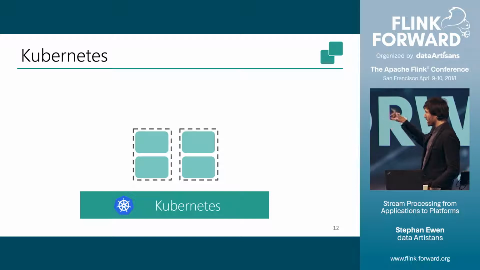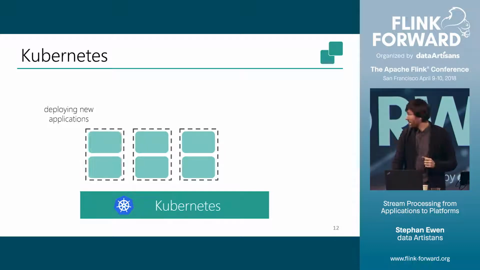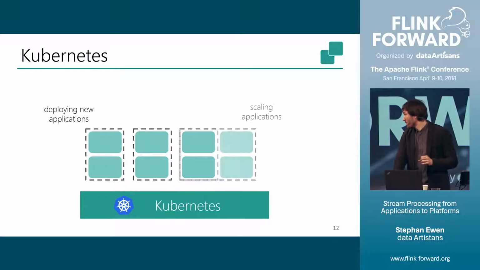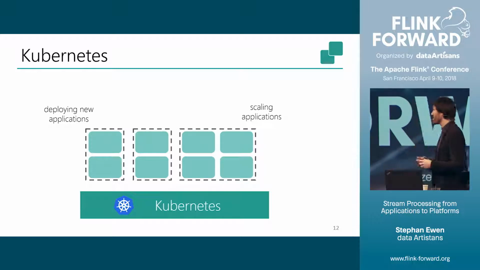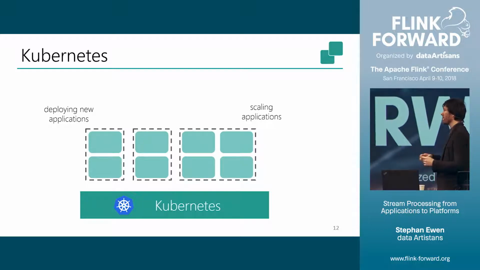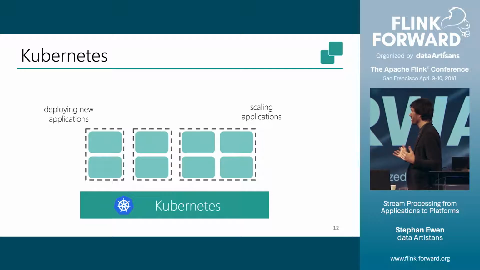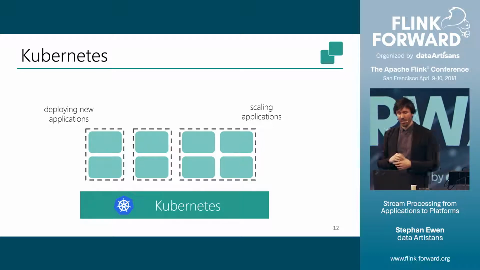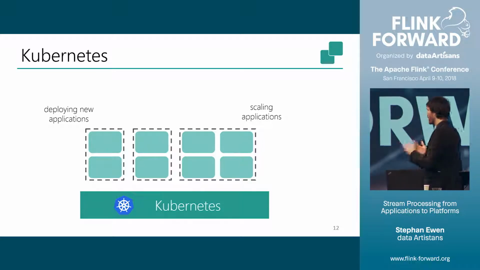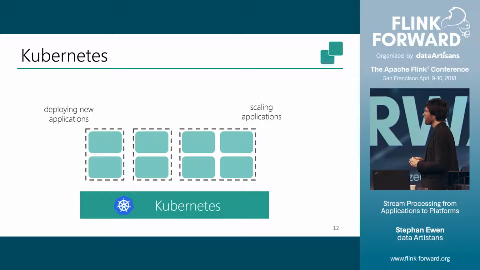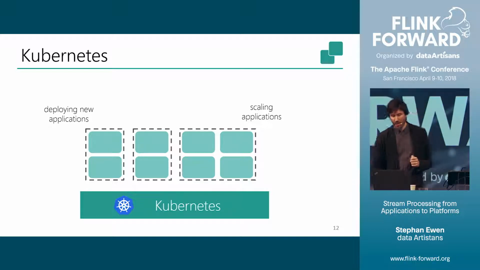They have a bunch of containers, these greenish bubbles, in replicated sets or stateful sets, and you deploy new containers or modify existing replicated sets or stateful sets, changing the number of containers. That way you scale in and scale out applications. It seems like a very nice model to start with. That represented a lot of the operations we saw and that people wanted to do.